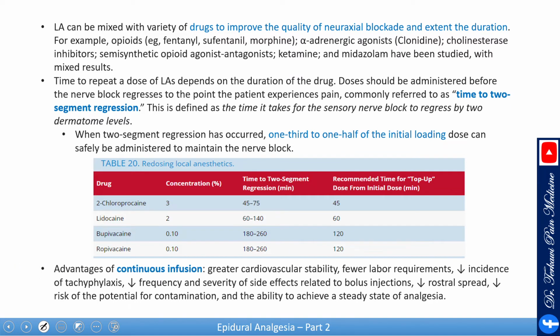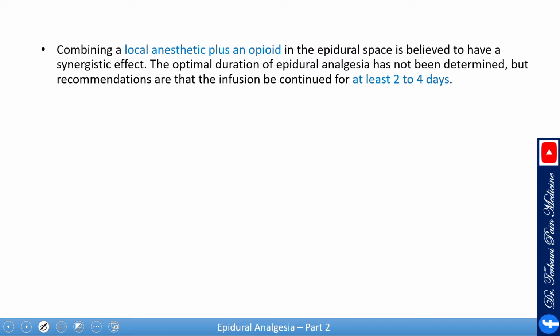Advantages of continuous infusion, therefore, are why you need to do that: greater cardiovascular stability, fewer labor requirements, decreased incidence of tachyphylaxis, decreased frequency and severity of side effects, decreased risk of potential contamination, and the ability to achieve a steady state of analgesia.